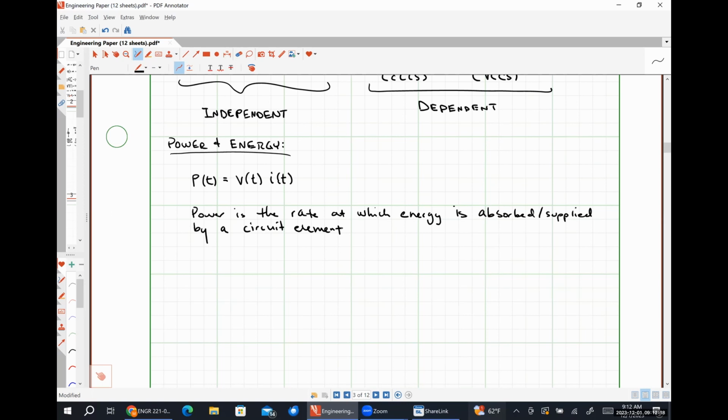So we can have a second, mathematical definition, that power is just the derivative of energy, W, with respect to time. Where power is measured in watts, symbol W, which is defined to be 1 amp times 1 volt, or 1 joule per second.